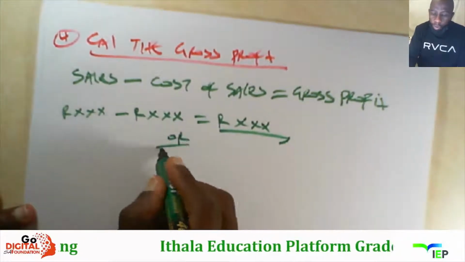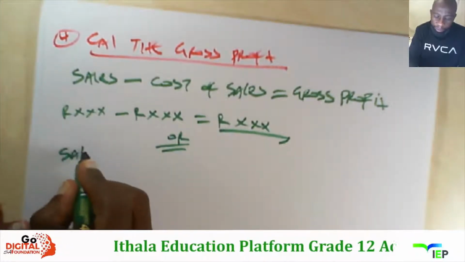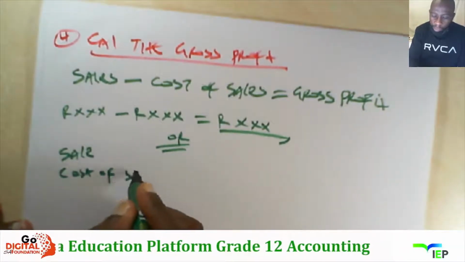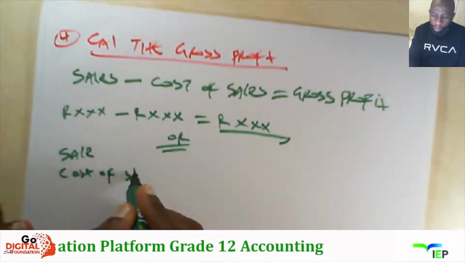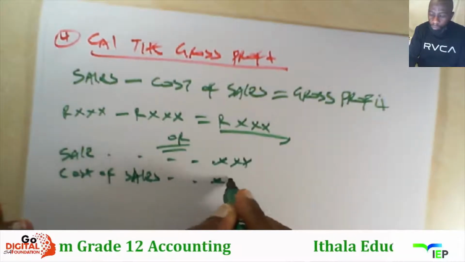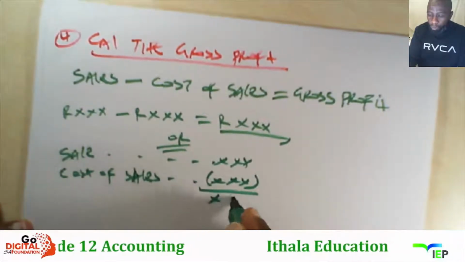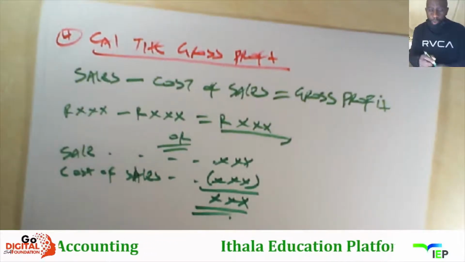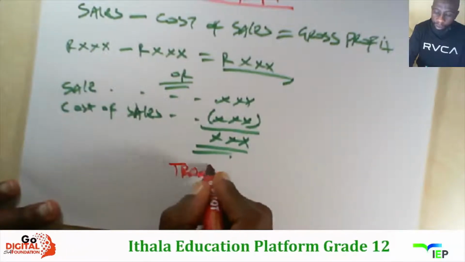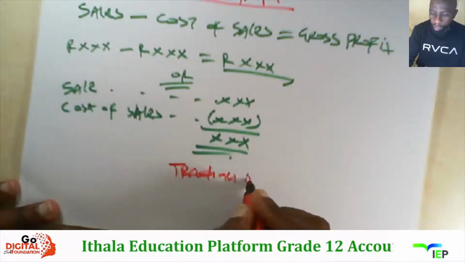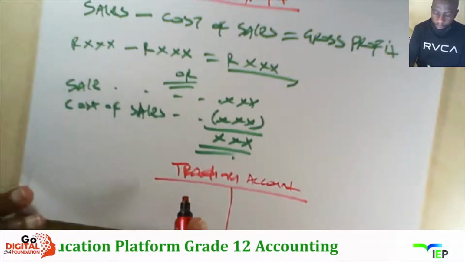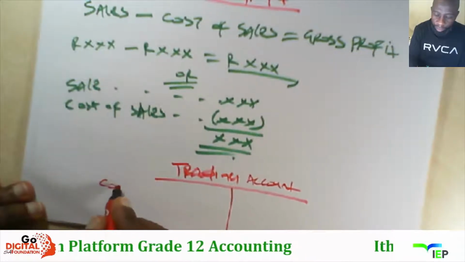Or you can say sales, cost of sales. You can write vertical or horizontal. Or you can do a T account, trading account. You can just say there cost of sales here on the debit side.